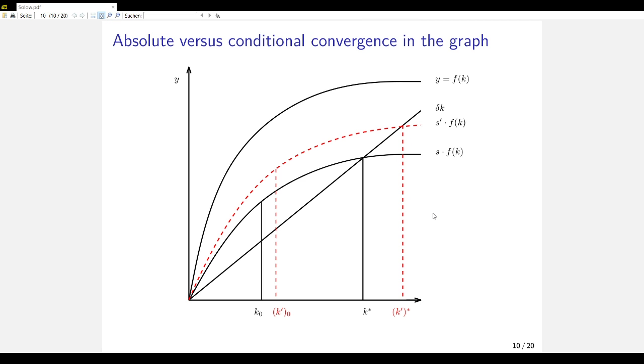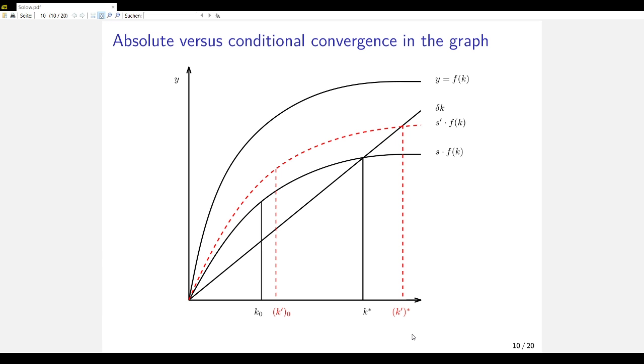Now, naively, if we say that there would be absolute convergence, we would be surmising that the country that starts with a lower capital stock and has a lower per capita income level, therefore, would grow faster. However, we see here that actually the country with the higher initial capital stock is still farther away from its steady state capital stock per worker k'*.